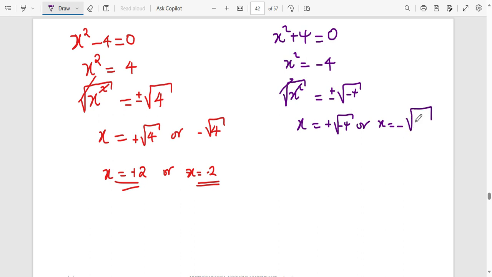Now, can anyone tell me what number can I multiply by itself 2 times so that I get negative 4? Anyone? What number can I multiply by itself 2 times so that I get negative 4? Are you thinking of any number?